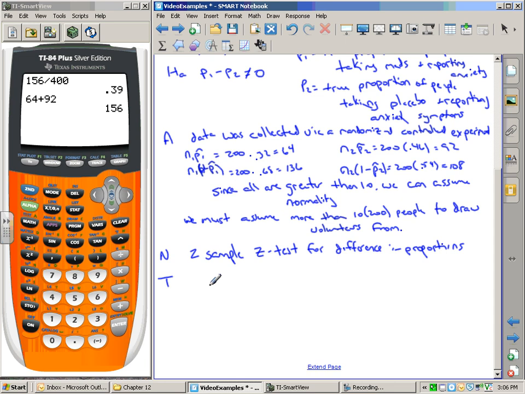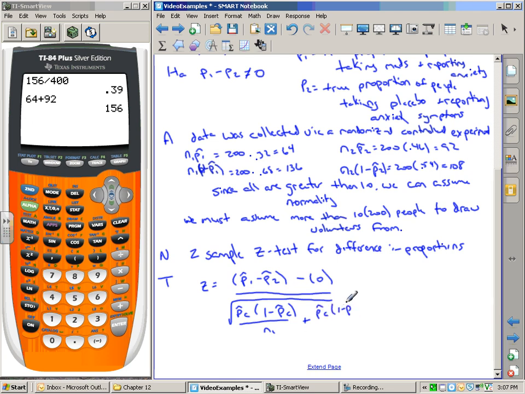Okay, and then the formula for this is z equals p hat 1 minus p hat 2 minus 0, because up here we said p1 minus p2 equals 0, so that's why we could put a 0 in there, divided by the square root of p hat c times 1 minus p hat c over n1 plus p hat c times 1 minus p hat c over n2.